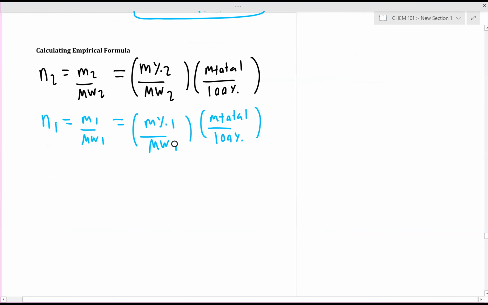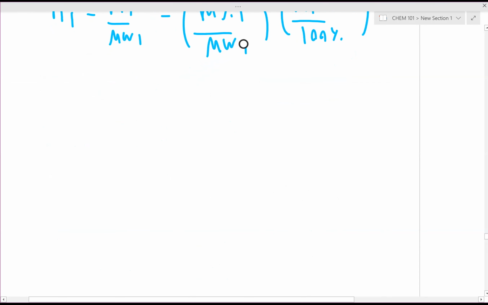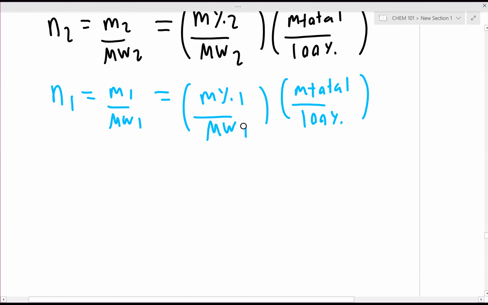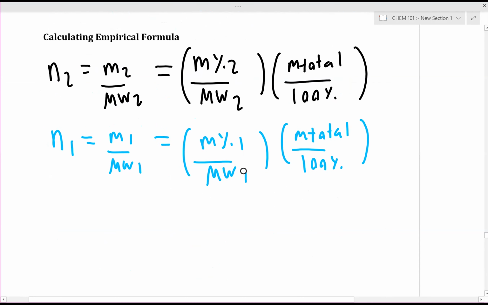Now, we've established, and we've established thoroughly now, that we want a ratio of moles, right? We want a mole ratio. Do we have an equation for each of the moles? Yes. So now we just have to take the ratio.